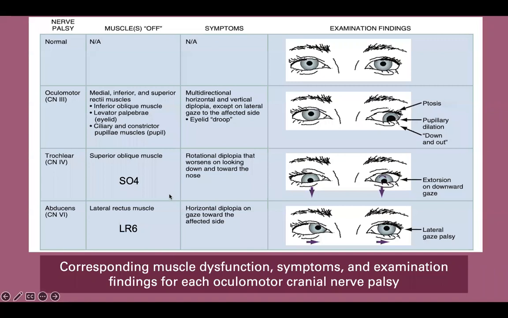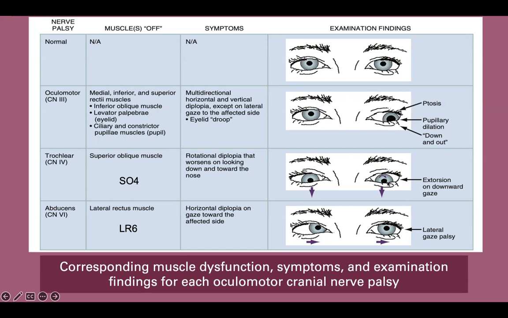And here, this diagram shows the abnormality related to extraocular muscle lesions. In the first one, it is normal, both eyes are normal. In the second one, there is oculomotor nerve or third nerve palsy, with deviation of the eye downward and outward, sometimes with pupillary dilatation and ptosis.